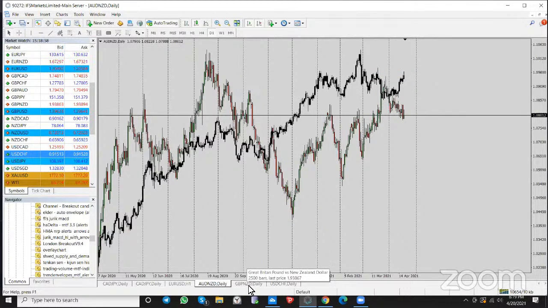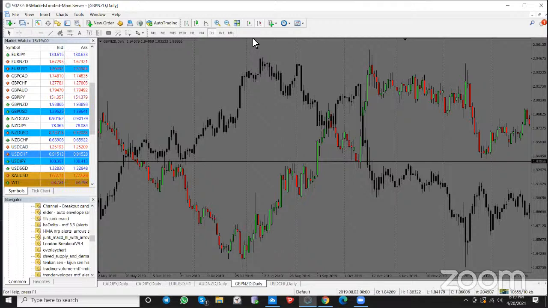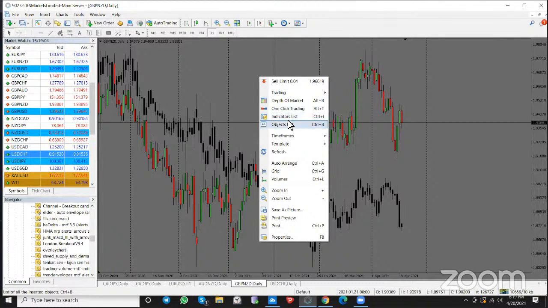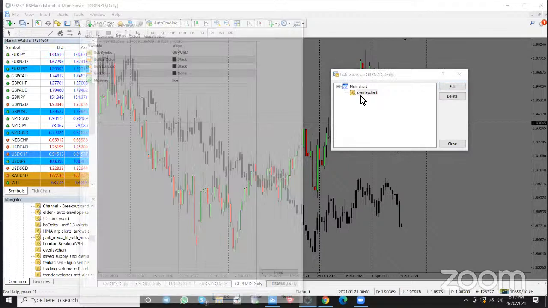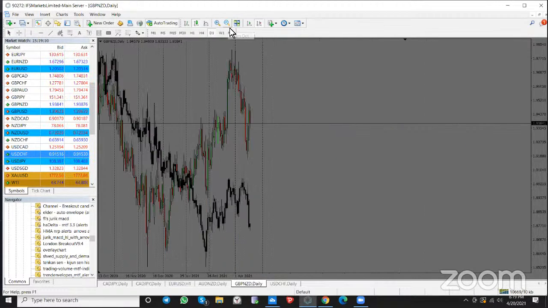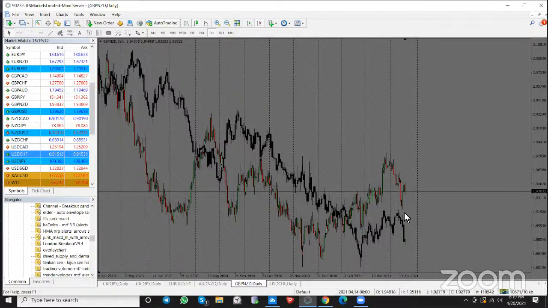If you look at pound Kiwi, I have pound Kiwi and I slap it over with pound dollar. This is actually what's happening now. You can see that pound dollar is on the downtrend. Recently, it made a higher low, and now it's possibly on a double bottom.